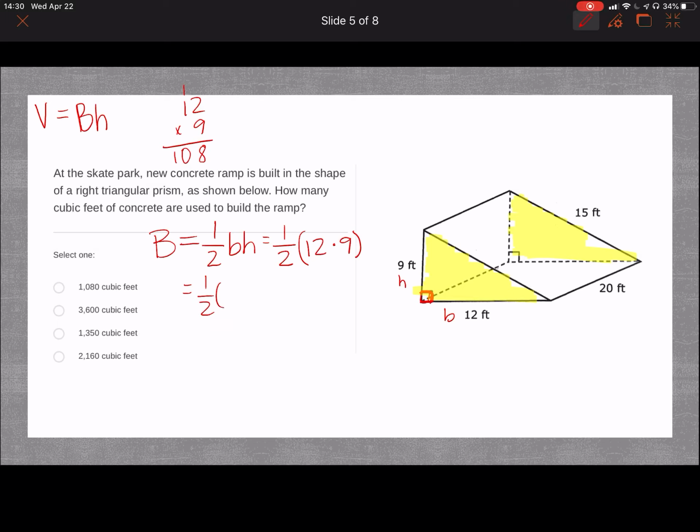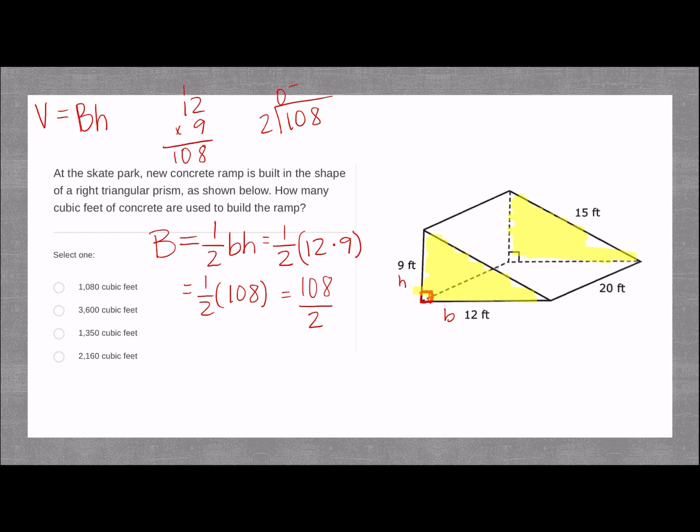So 1/2 times 108, which remember is also 108 divided by 2. Which comes out to 54.